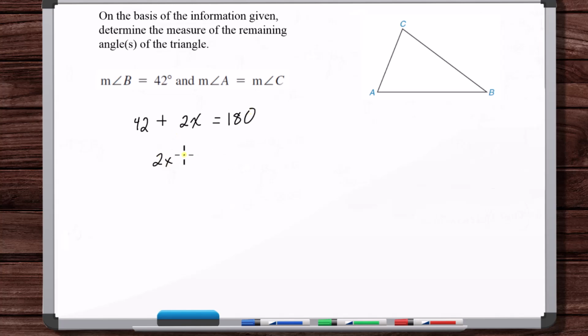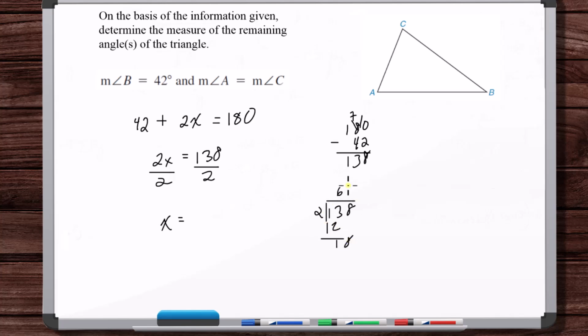So 2x, subtracting 42 from both sides, 180 minus 42, 138, divide both sides by 2. So 138 divided by 2 is 69. But x was just the measure of angle A and the measure of angle C. So if you take 2 times 69 and then add that to 42, you'll get 180.